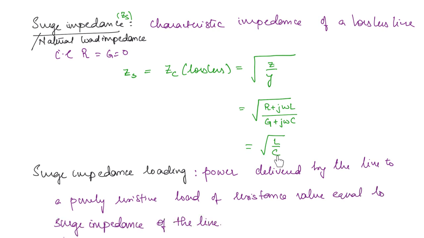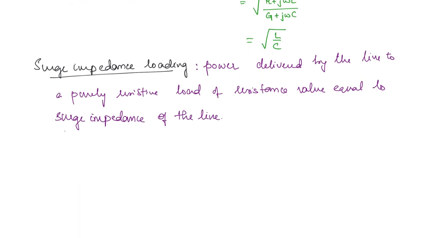Surge impedance is root over L by C. And if the load that we have is a purely resistive load whose value is equal to root L by C, then whatever power is delivered to that load is called the surge impedance loading. Surge impedance loading is often abbreviated as SIL.